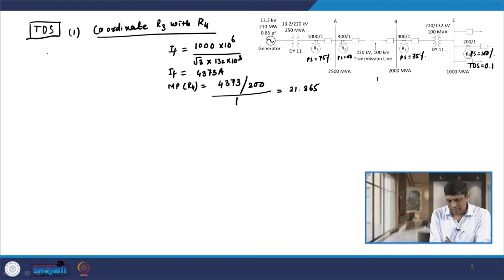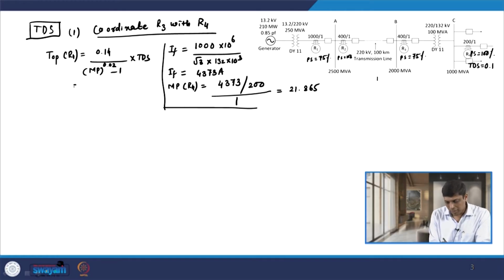Utilizing this, let us calculate the time of operation of relay R4. The equation is 0.14 divided by MP raised to 0.02 minus 1, into TDS.